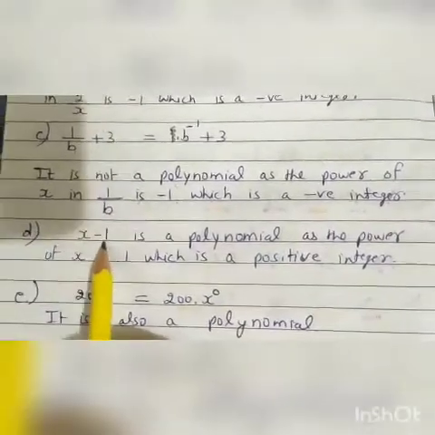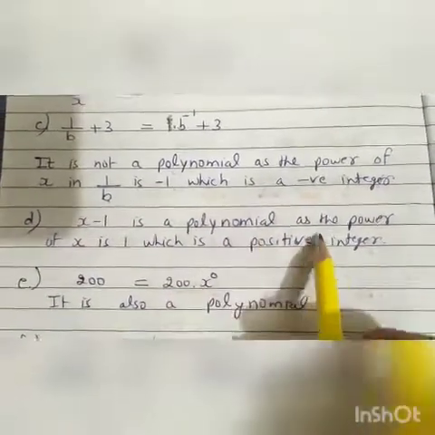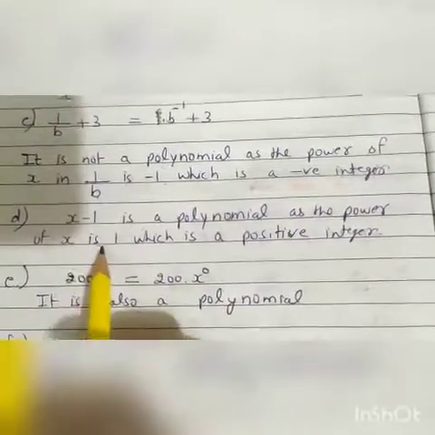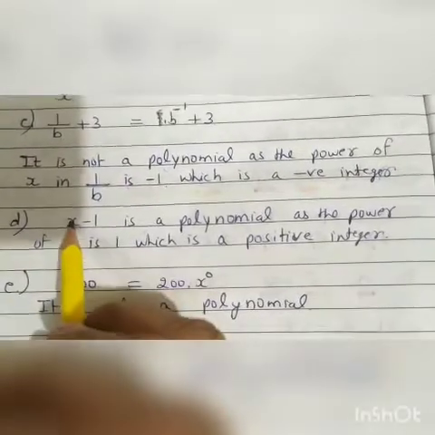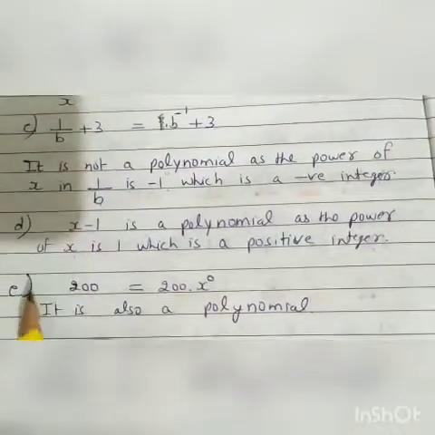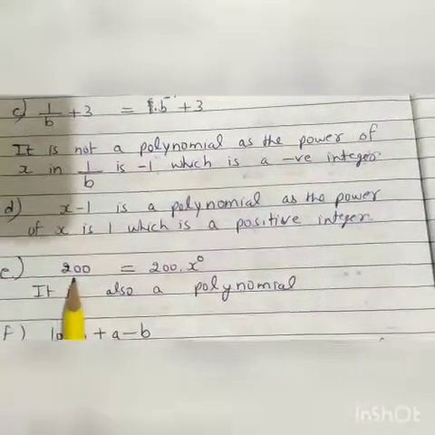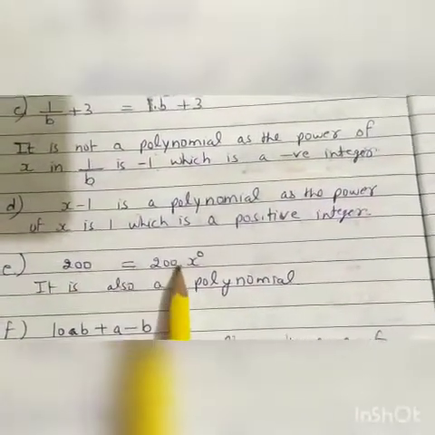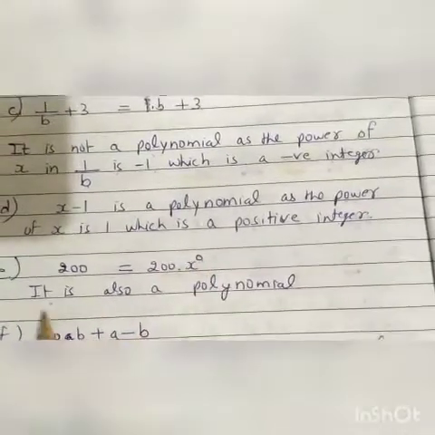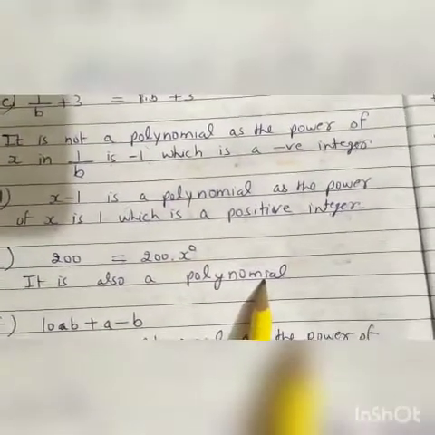Next, x minus 1 is a polynomial as the power of x is 1. This x will be considered as x power 1, which is a positive integer. Then 200, we can write this 200 as 200 into x power 0. It is also a polynomial.